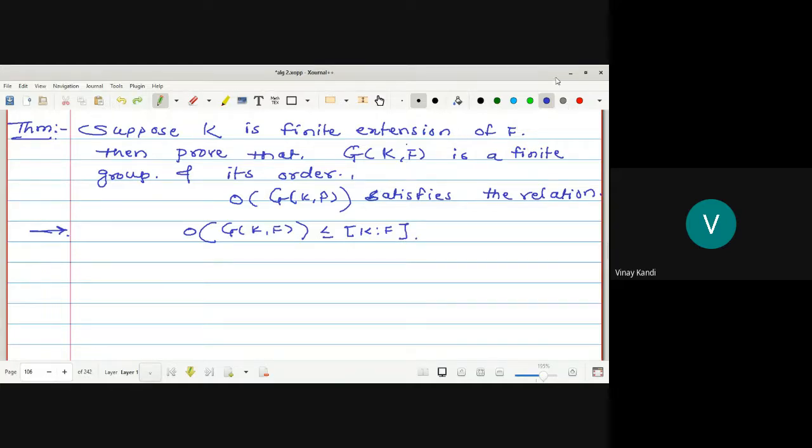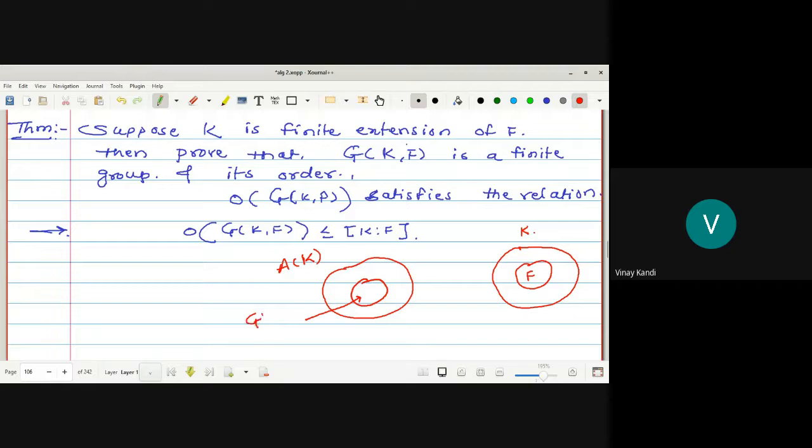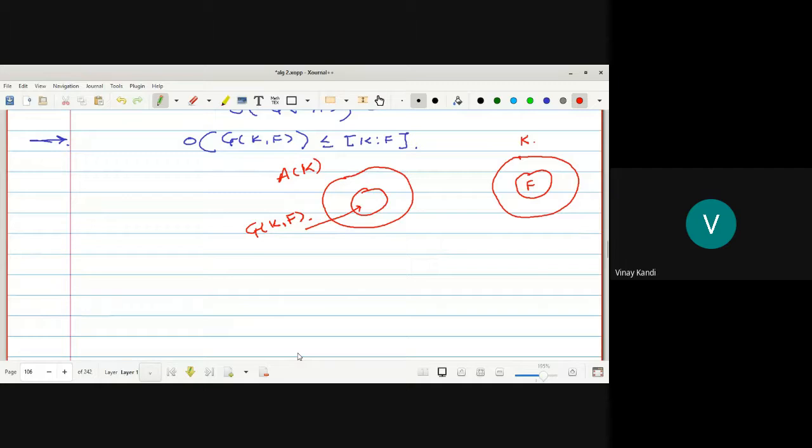This is the set of all automorphisms of K. And this is the field K, and this is the subfield F of K. And this one is G(K,F). Now suppose we have to show that the order of G(K,F) is less than or equal to the degree of K over F. Now, proof.